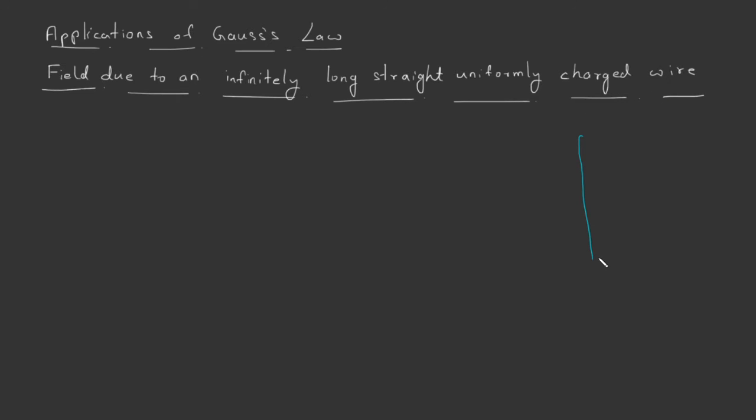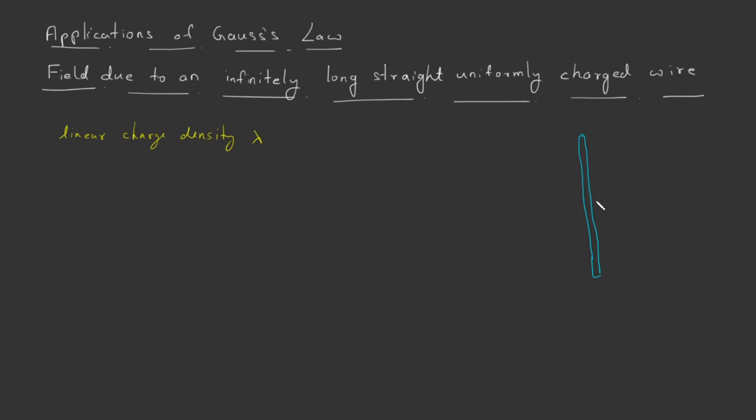Consider an infinitely long thin straight wire with a uniform linear charge density lambda. Since it is an axis of symmetry, the electric field must have the same magnitudes at these points.